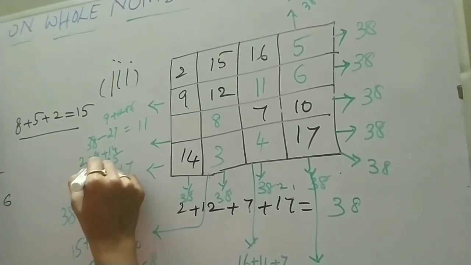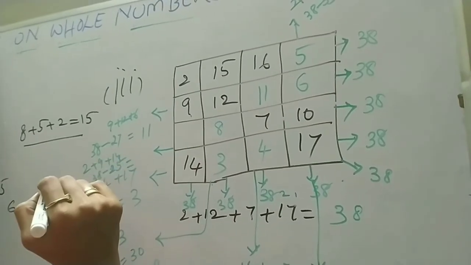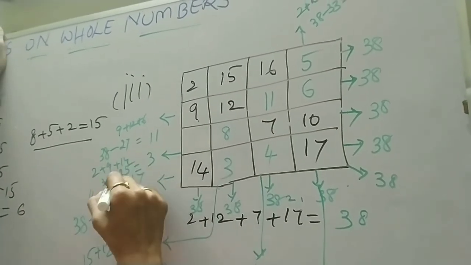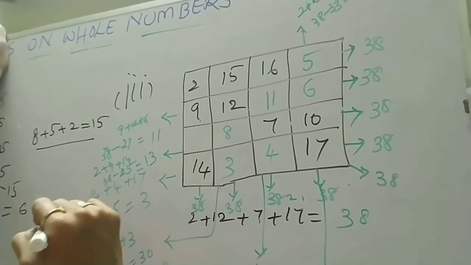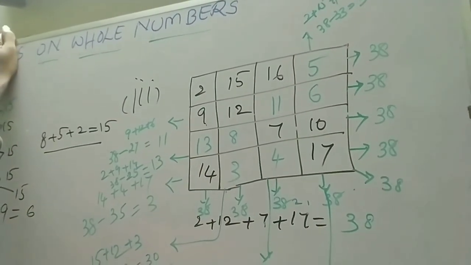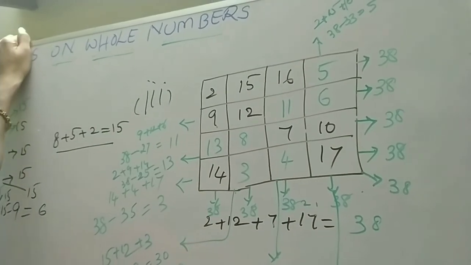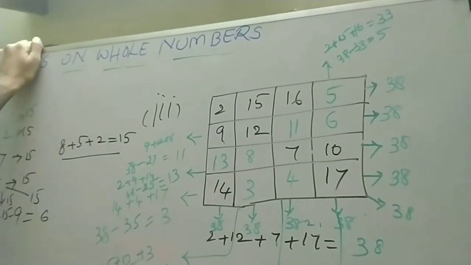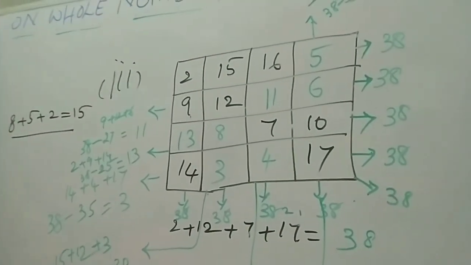Okay, 38 minus 25, you get 13, right? So 13. Okay, like that you have to write all the missing numbers.